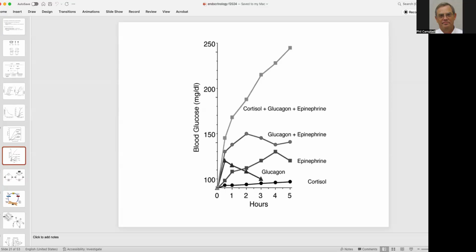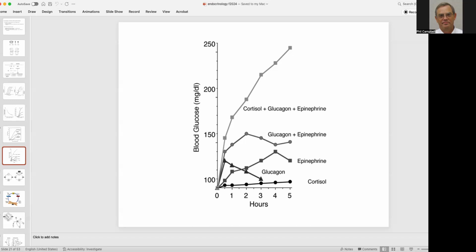Now, this concept, I told you last Thursday that you have practically thousands of hormones interacting with the cells at the same time. So in the body you have all of these hormones and there is the likelihood of them interacting.